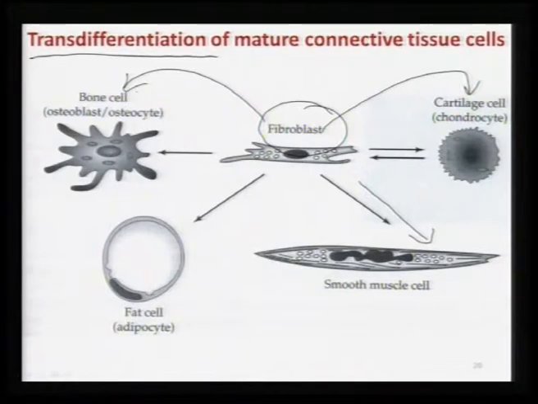The osteocyte is the most mature and differentiated cell type. So, what you can see here is a unique example where fibroblast cells can be differentiated into 2 or 3 different types of cells. In one case it forms a cartilage cell, chondrocyte, in another case it forms a smooth muscle cell, and in another case it forms a bone cell, that is the osteoblast cell. So, this is called transdifferentiation.